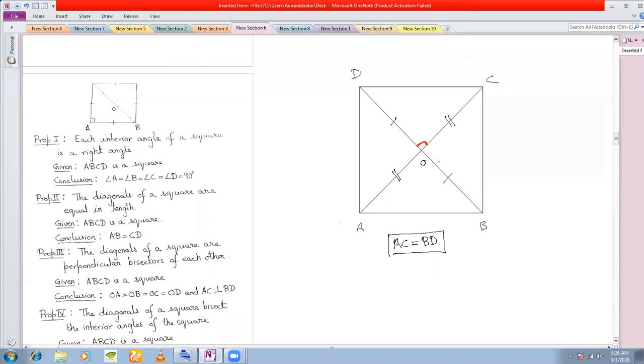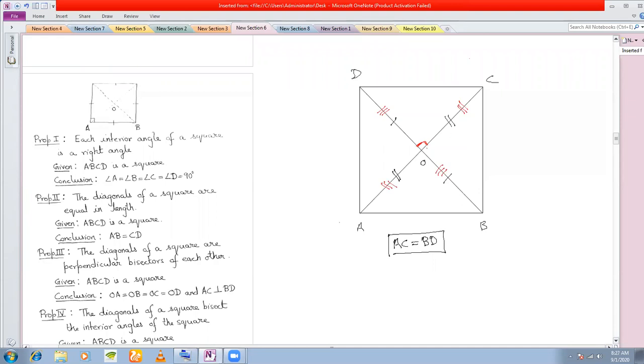Now again, the logic of the rectangle works. Because the diagonals are equal in length, all these lengths will be equal: OA, OB, OC, and OD.